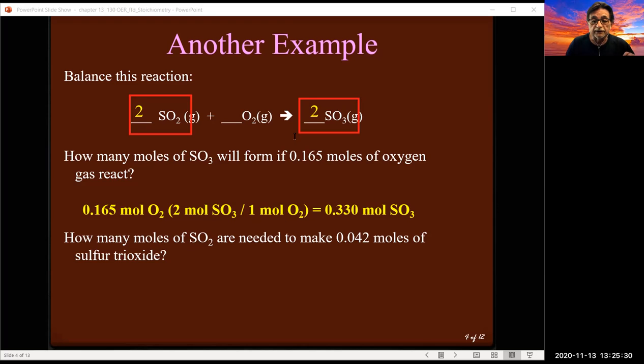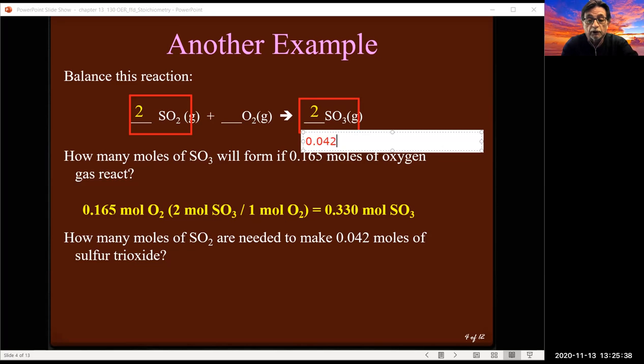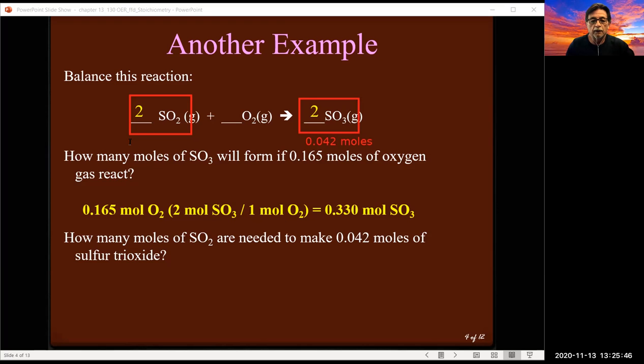And so think about this. They're asking you, okay, I'm starting out, I want to make 0.042 moles of sulfur trioxide. I want to make that much product. How many moles of sulfur dioxide do I need?